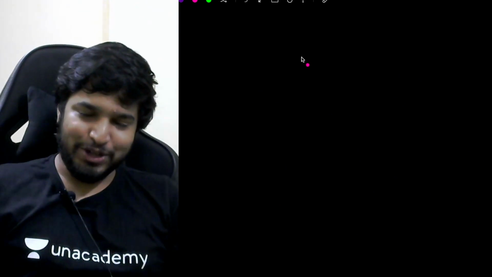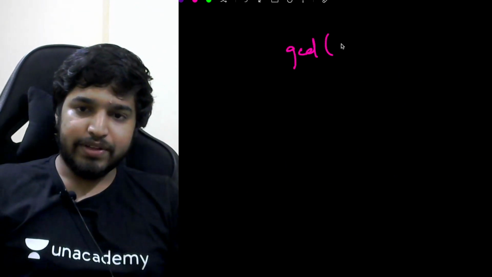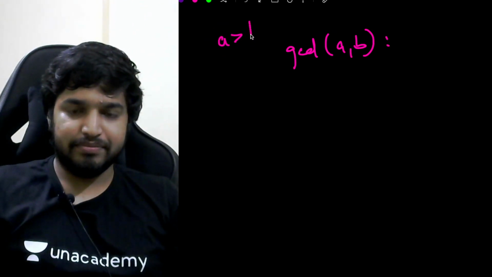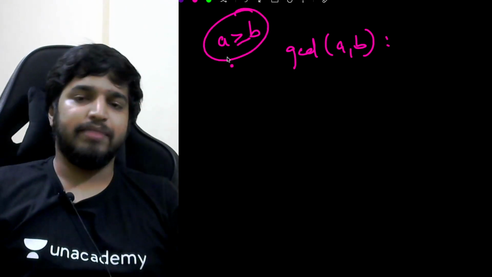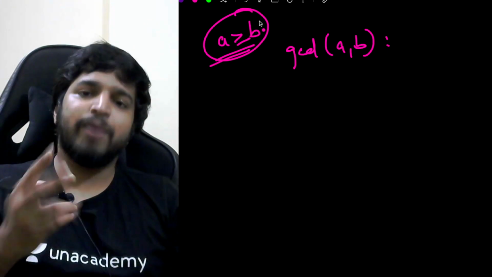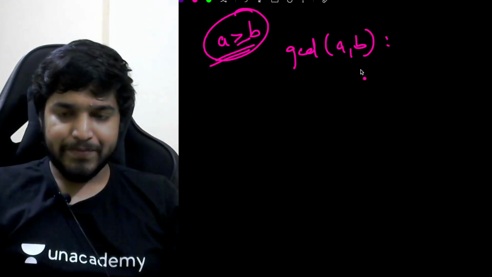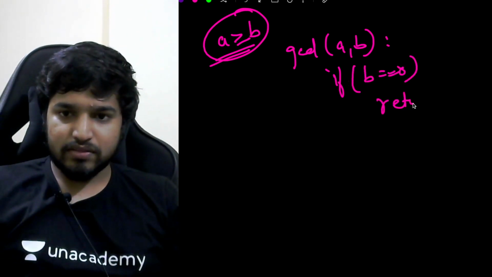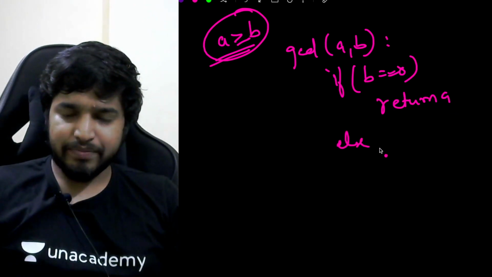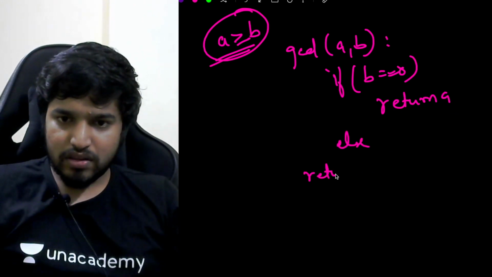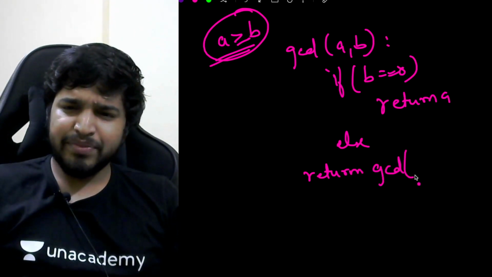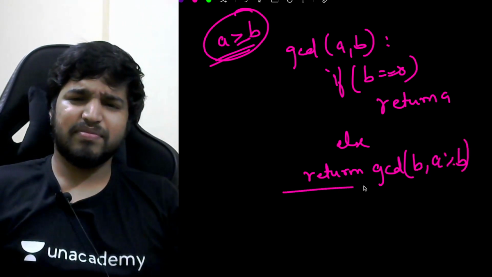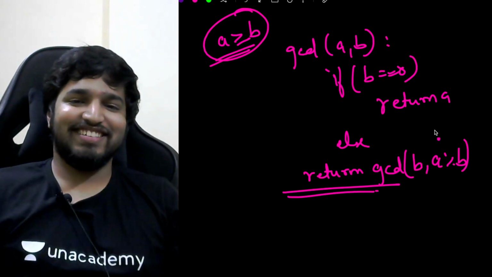So let's write the pseudocode for this. GCD of A comma B. Here we are assuming A is greater than or equal to B, because if it isn't, we can swap them and call the same function. So if B equals 0, return A. Else, return GCD of B comma A modulo B. And that's it.